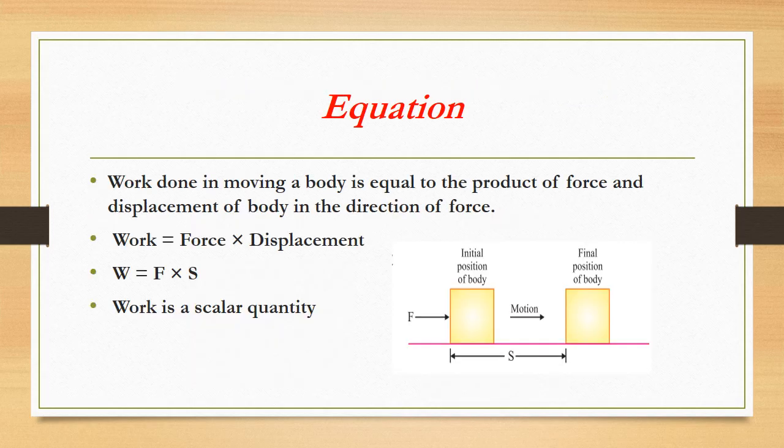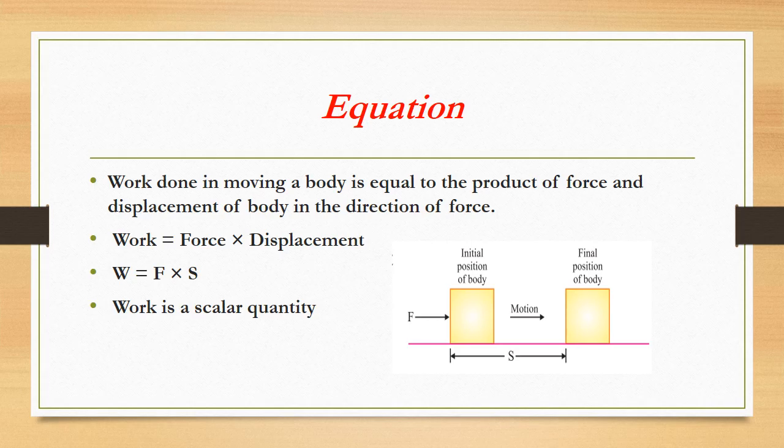Okay, now we will study in detail what work is. Work done in moving a body is equal to the product of the force and the displacement of the body in the direction of force. So we can define work as force into displacement.